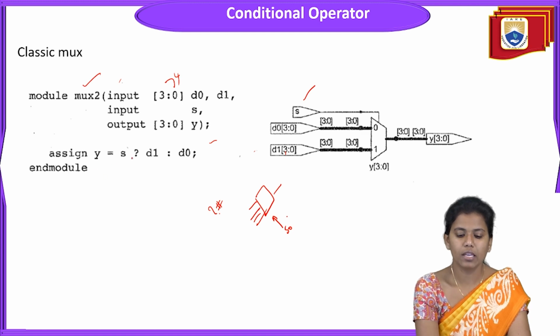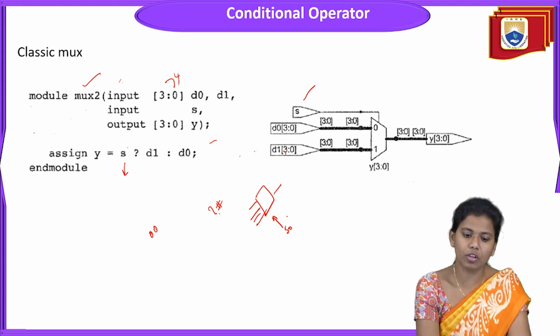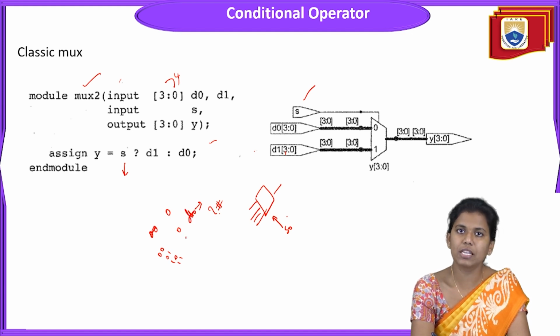Assign Y is equal to, based on the selection, isn't it? There is a condition. If my selection line is 0, what happens? My conditions are 0, 1, and so on. If my selection line is 0, it will enable D0, and if my selection line is 1, it will enable D1.